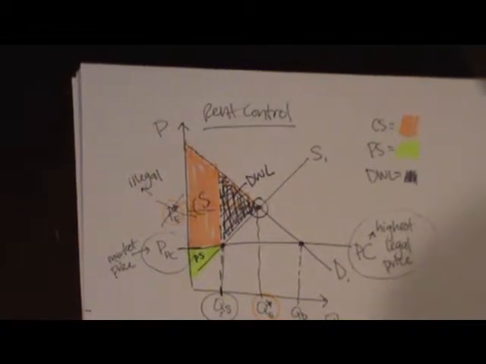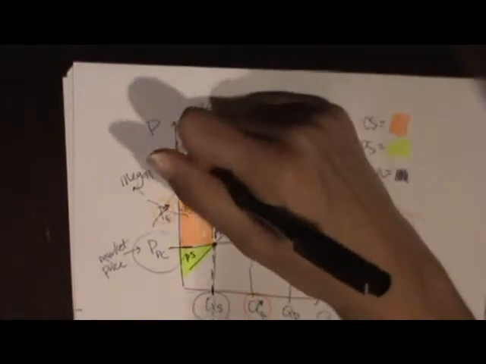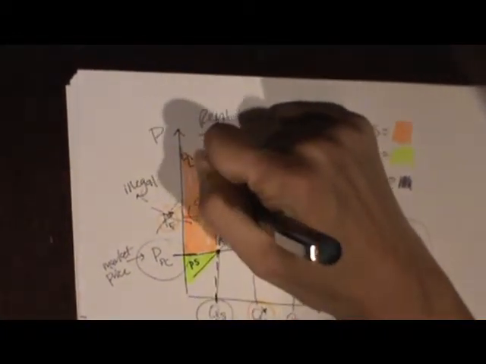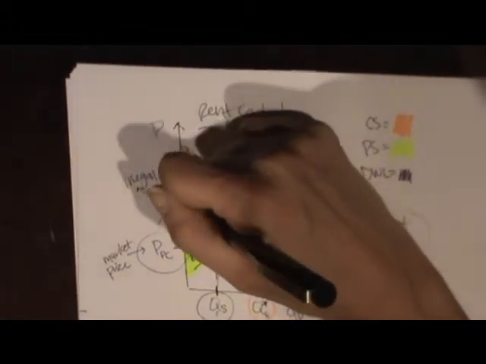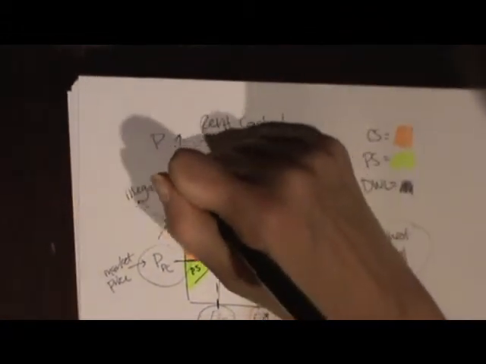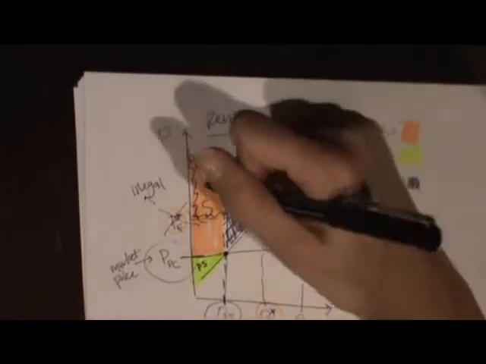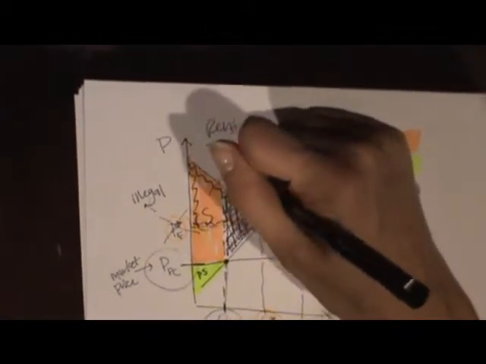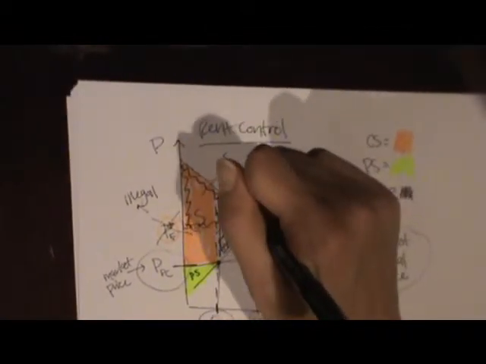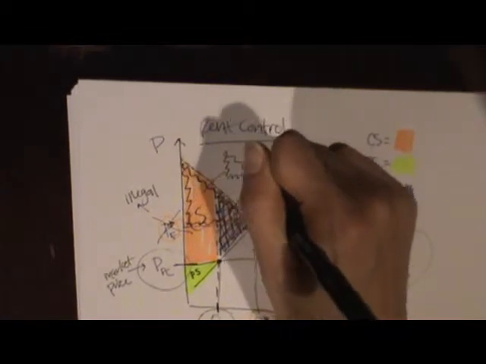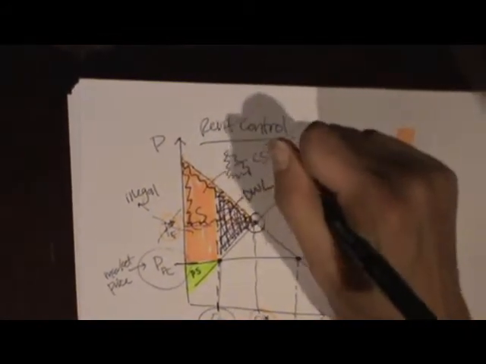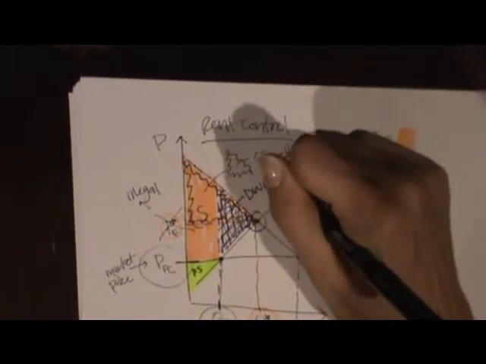And I'll go over this with the black pen actually, that may be easier. So below our original demand curve, above our original price. So you can see consumer surplus is this squiggly triangle. This is before the price ceiling.